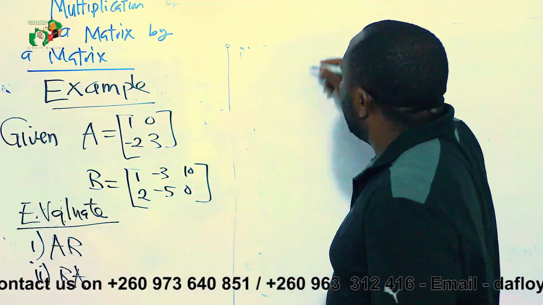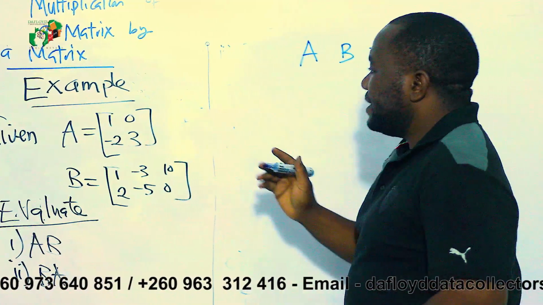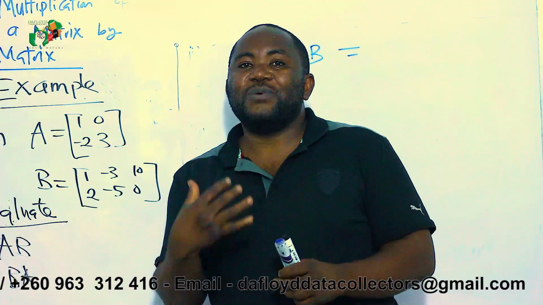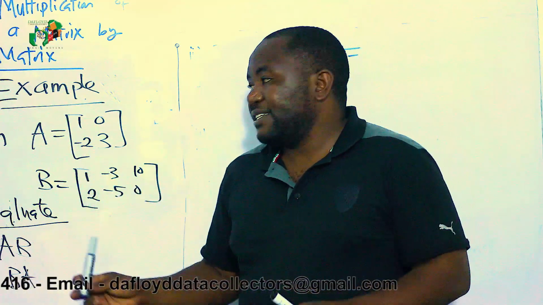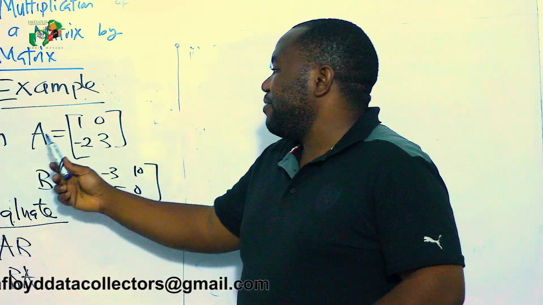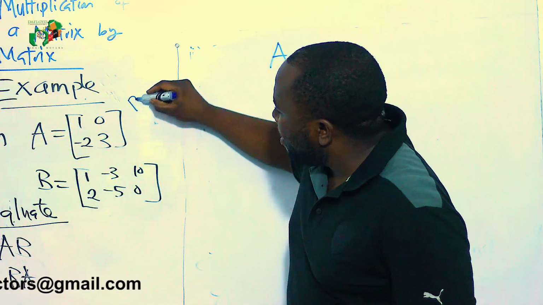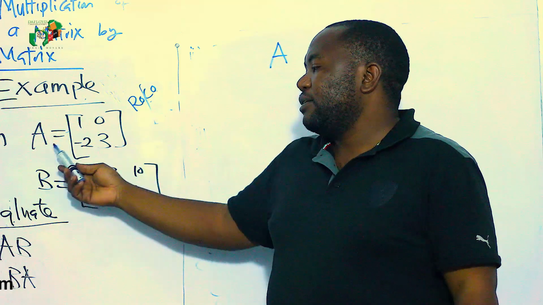So we start with AB. The first thing before we do anything, we should ask ourselves, from the previous notes: what's the order of matrix A? From our previous lessons, this is row call. So how many rows do we have? 1, 2.